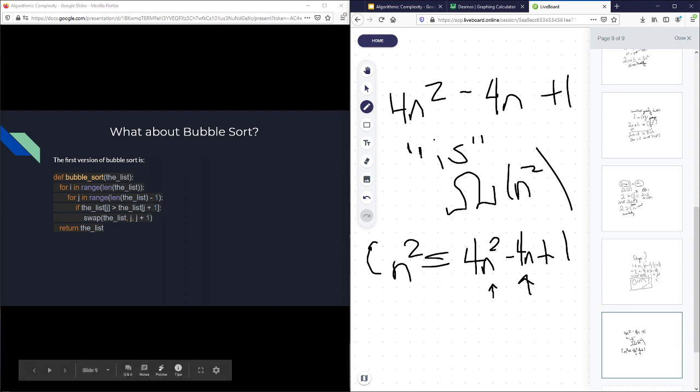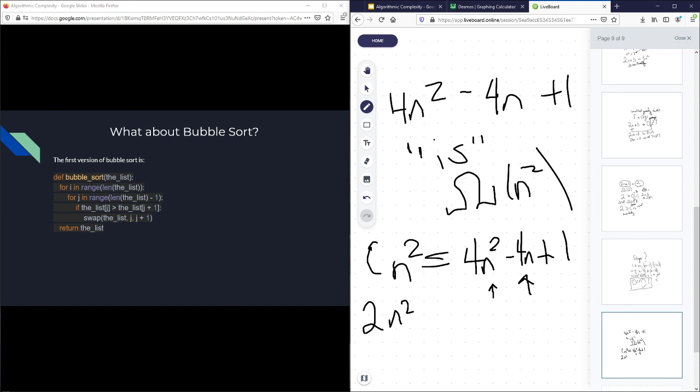We can even bound this below by like 3n squared probably, but if we want to be mega safe, we can just do 2n squared is less than or equal to 4n squared minus 4n plus 1. And so that's really it. So what does that tell us?